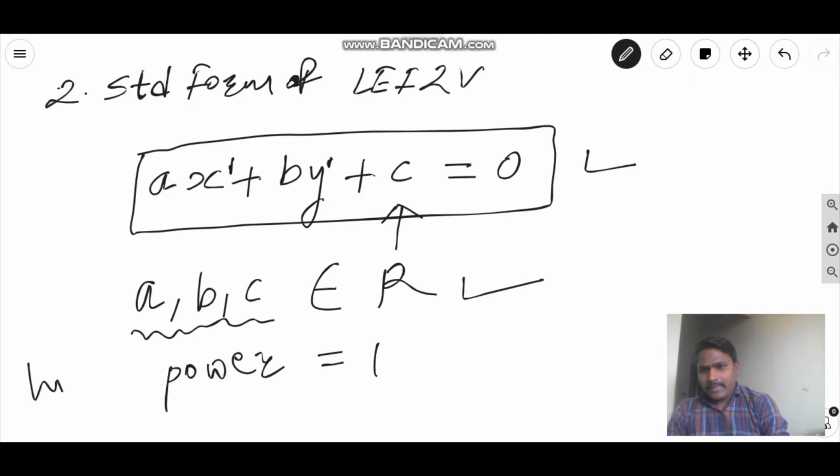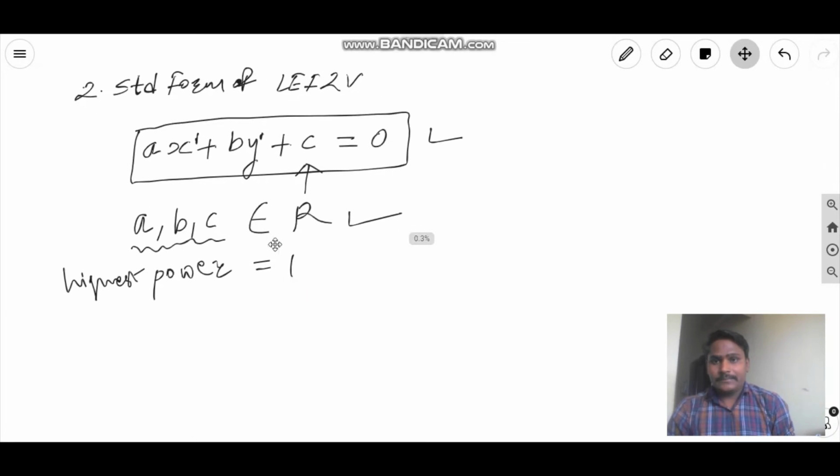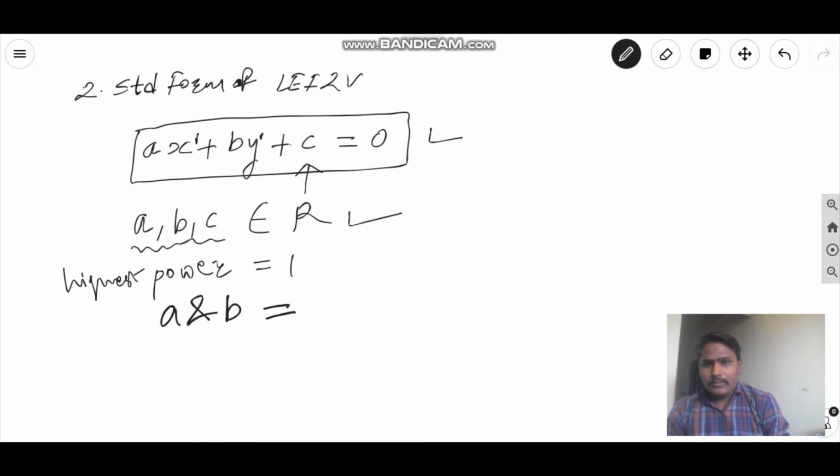So we can say the highest power present is 1. So in standard form, these two things we are observing here. A, B, C must be real numbers, the highest power should be 1, and there is a third parameter, and that is A and B must not be equal to 0 simultaneously.